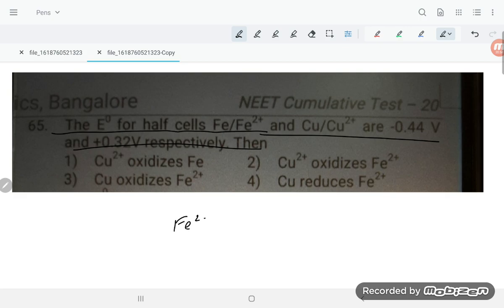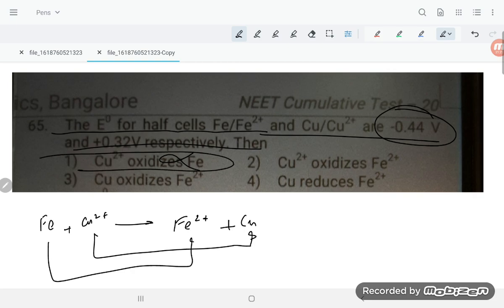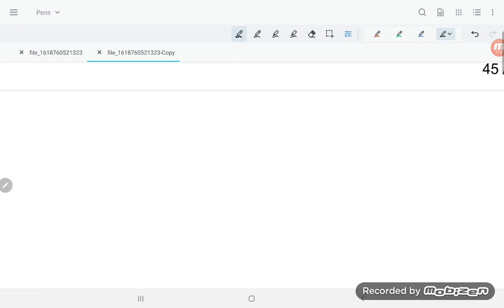Fe is converting to Fe²⁺. Cu has the higher value, so Cu²⁺ will convert into Cu. So copper is getting reduced and iron is getting oxidized. Cu oxidizes Fe. The correct option is option number 1.